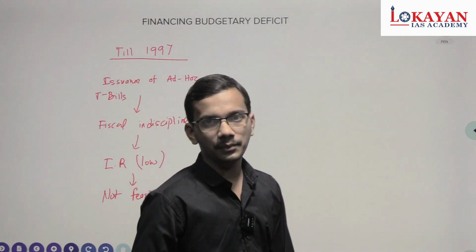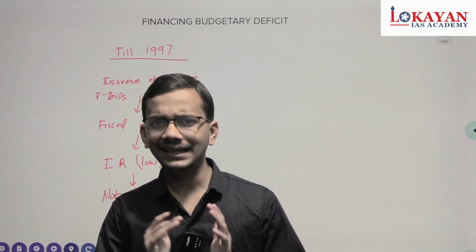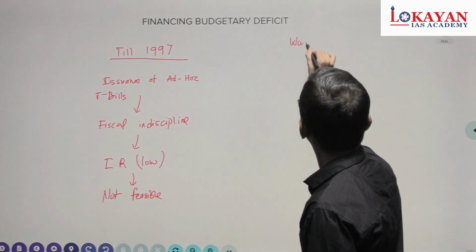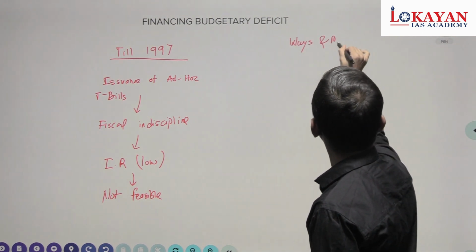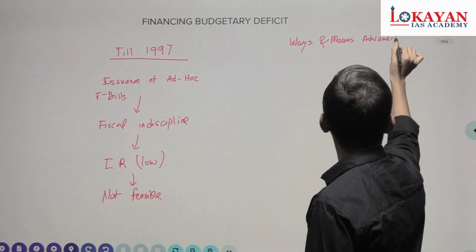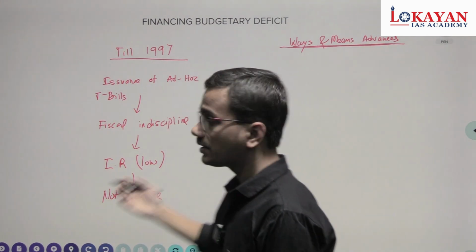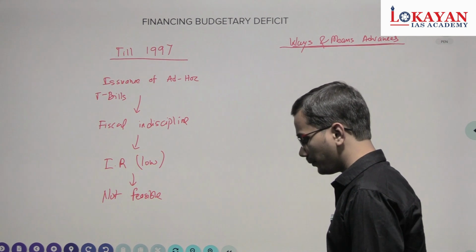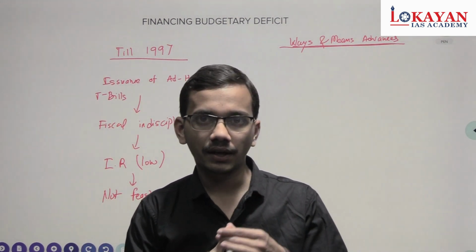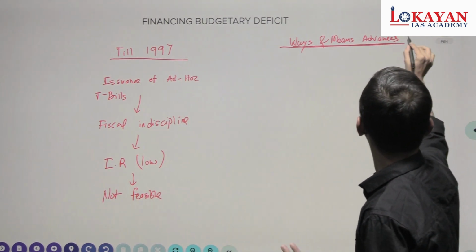So central government and RBI made an agreement, and from 1997 onward, system of ways and means of advances. From 1997, through the system of ways and means of advances, temporary mismatch between revenue and expenditure was bridged from 1997 onward.